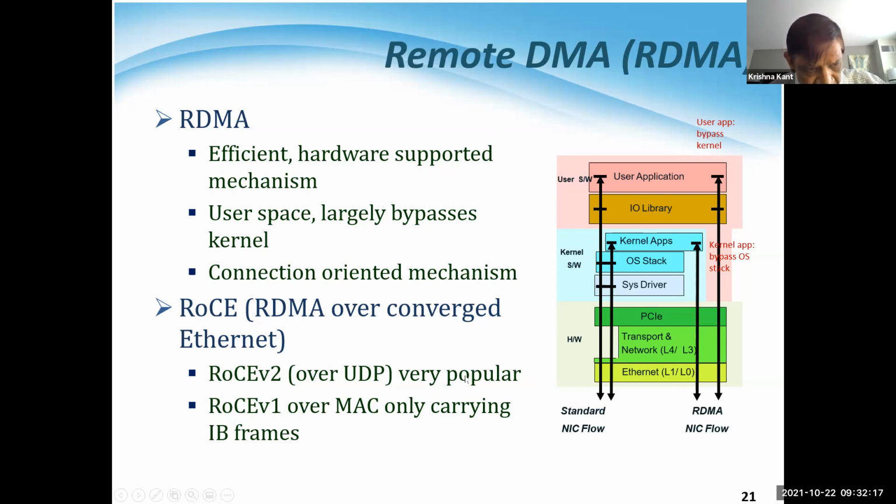RDMA is not Ethernet native, it comes from InfiniBand. It's a user space protocol, avoids a lot of the overhead going through the kernel, but it has been implemented with hardware support on Ethernet. The current implementation is known as RoCE, RDMA over Converged Ethernet. It's becoming very popular, and it runs on top of UDP.